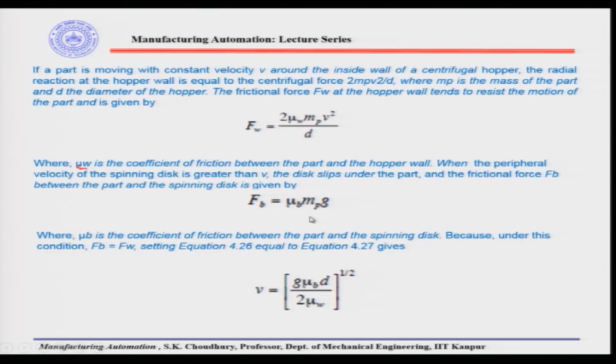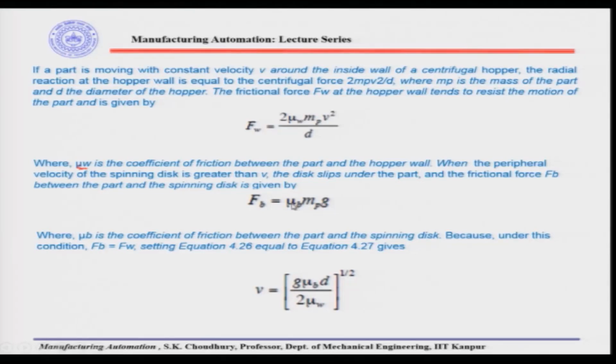Mp is the mass of the part, mp into g is the weight acting vertically, multiplied by the coefficient of friction between the part and the base, and that will give you the frictional force on the base.